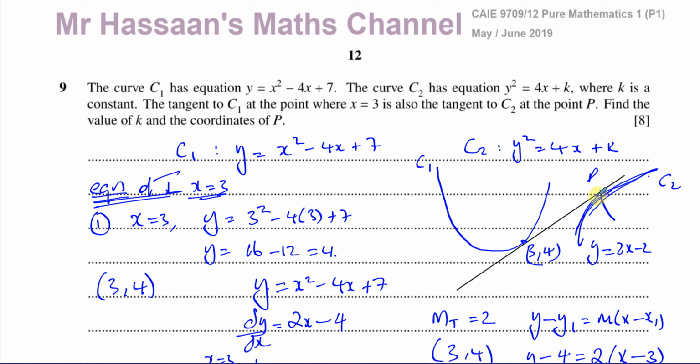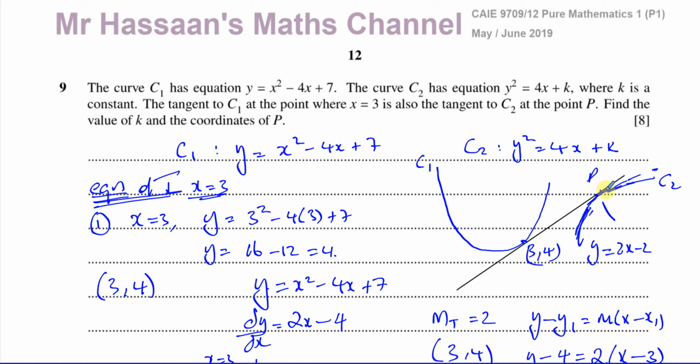Another way to think about it is that the line will not intersect but touch the curve. It's a tangent to curve C2 at the point P, which means it just touches the curve at that point.